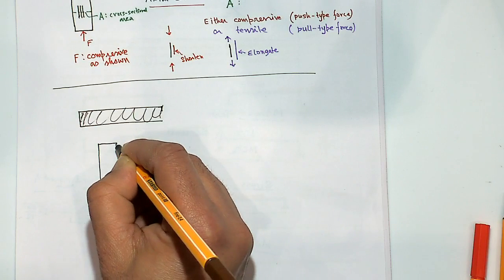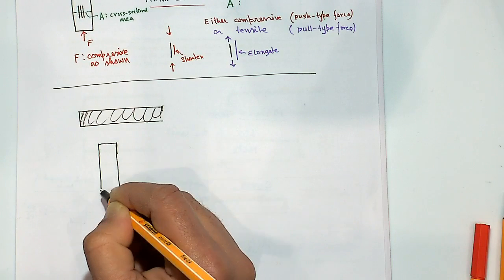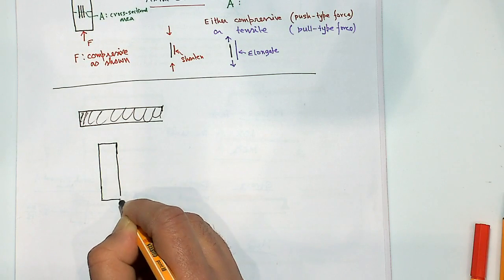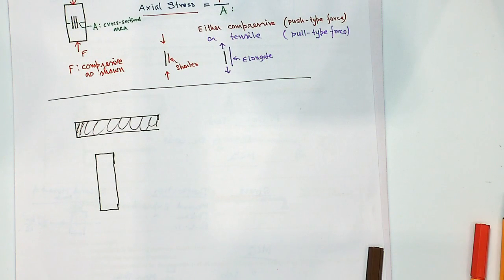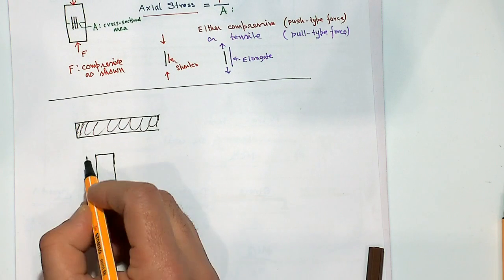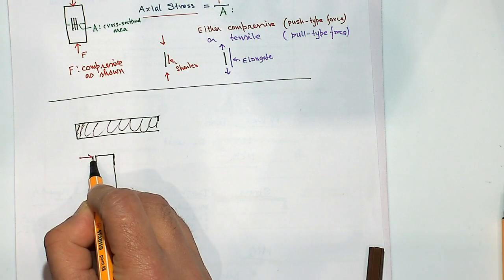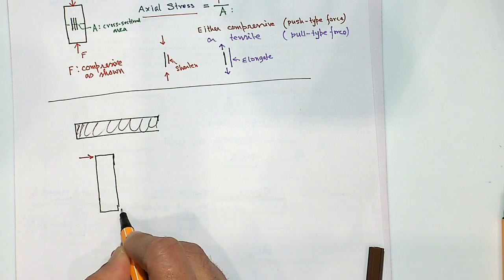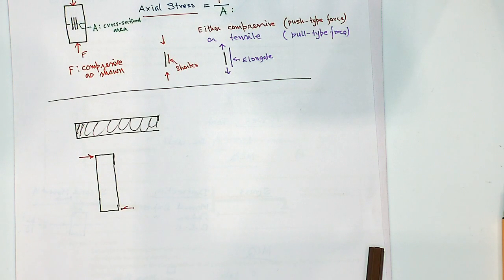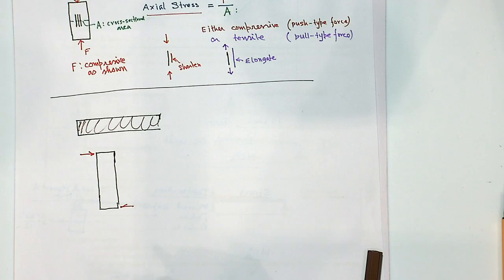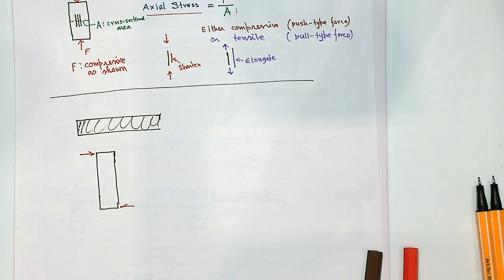So if I've got the same member, but this time I am applying a load which will induce shear. So I'll add a load in this direction which should be balanced by a load like this. So this is going to introduce what is called a shear stress.